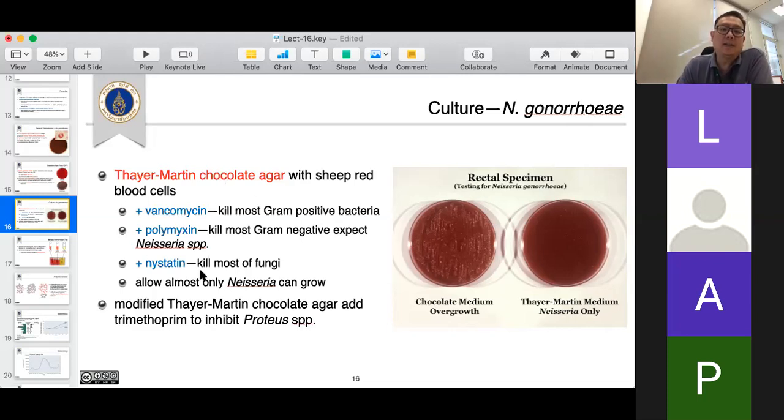But for Neisseria gonorrhoeae, we don't use Thayer-Martin alone, we use modified Thayer-Martin. That means everything plus trimethoprim to inhibit Proteus also. Proteus grows quite quickly and occupies the surface of the agar, which makes the colonies hard to observe.